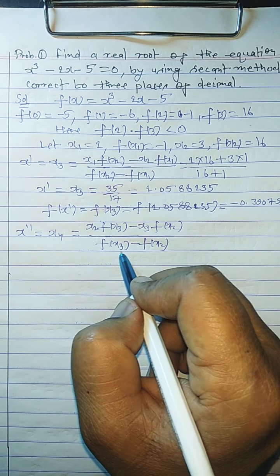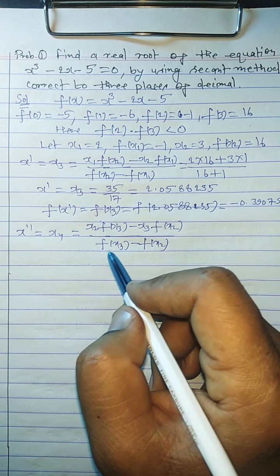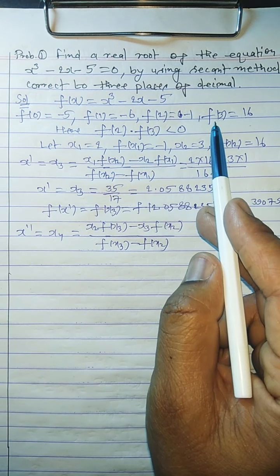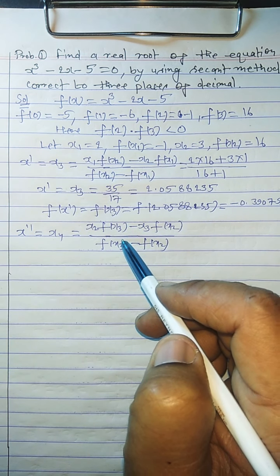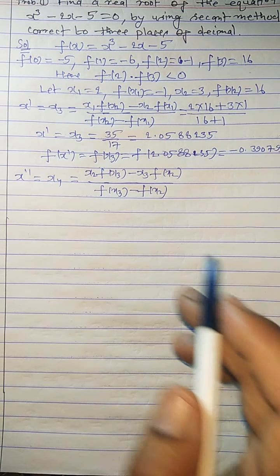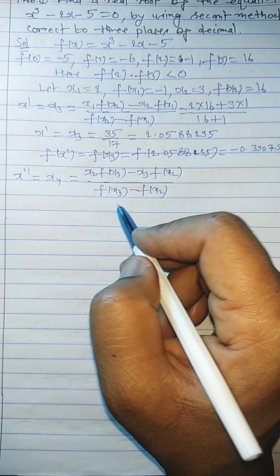In the regula falsi method, again we have to locate the position of the root, whether the root lies between x3 and x1 or x2 and x3. But here there is no need to check again and again the location of that root.